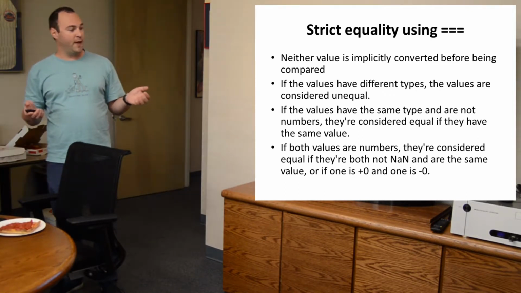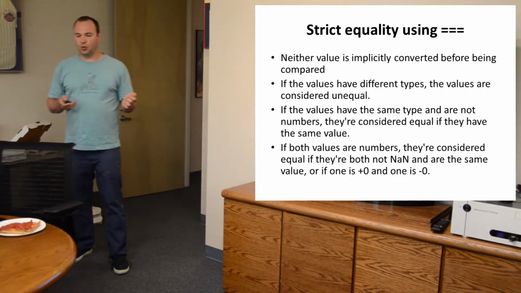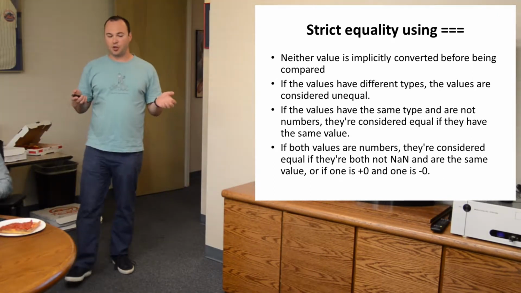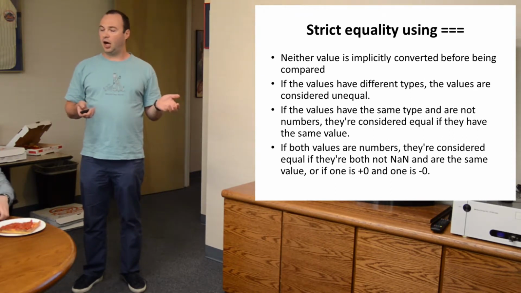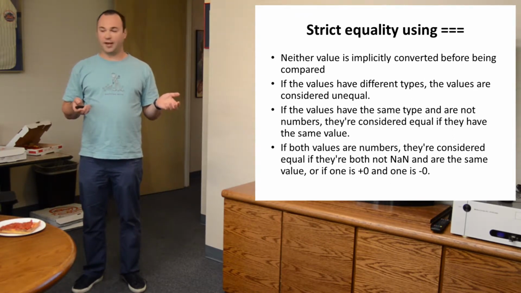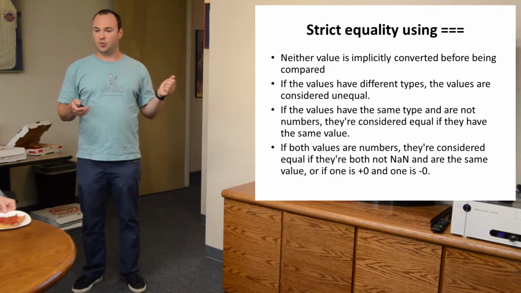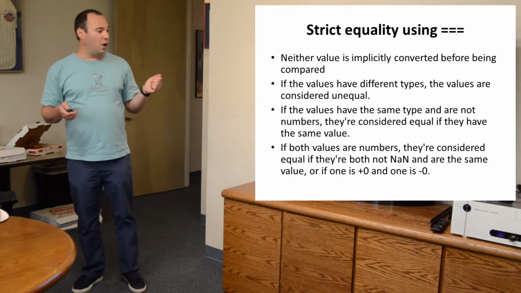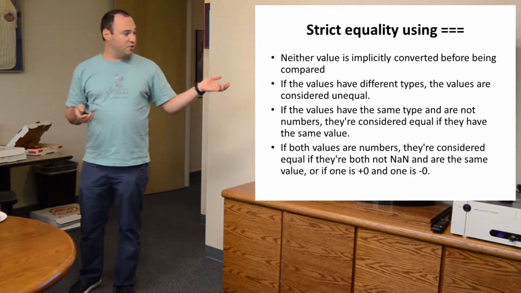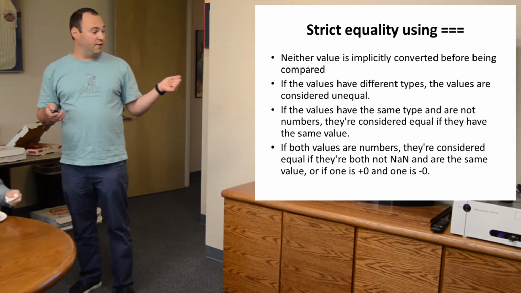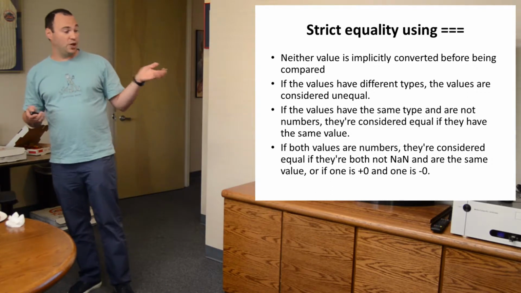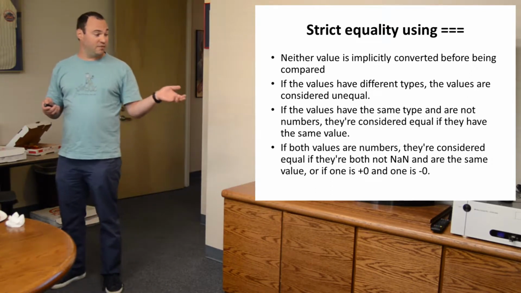In loose equality, when you compare 2 objects, if they're of different types, they are first converted to the same type, and then strict equality is used. So if the values have different types, the values are considered unequal. If the values have the same type and are not numbers, then they're considered equal if they have the same value.